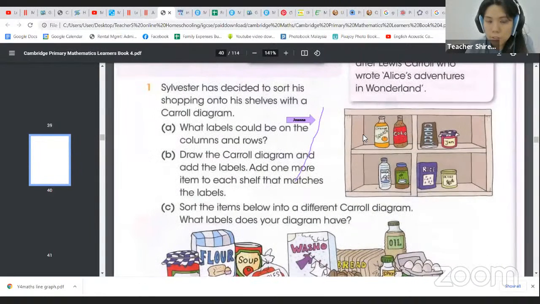Can anyone suggest? You see, this pretty much is liquid and this pretty much is dry. So what you do is label it. Here it's all about liquid, and here it's all about dry.